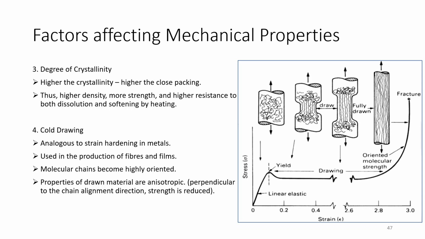The properties of drawn materials are anisotropic. As you can see here, perpendicular to the chain alignment direction, the strength is reduced. In this direction your material will have very high strength, but not in the perpendicular direction.